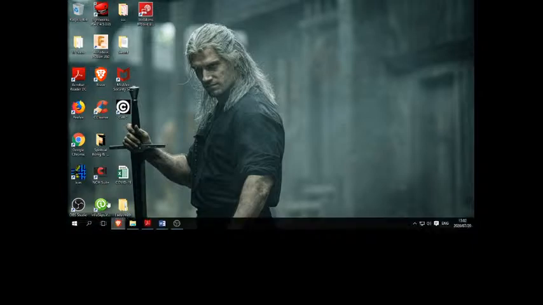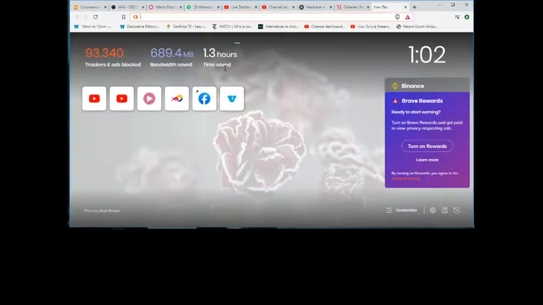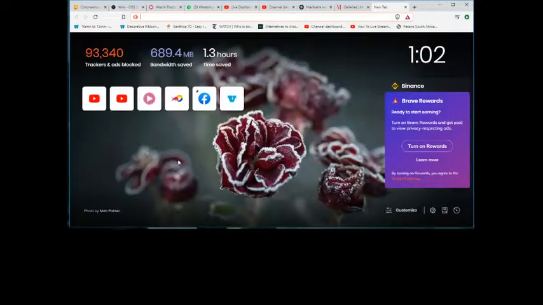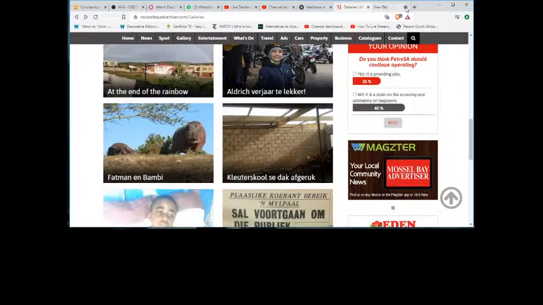It blocks all of these ads, and if I go to a new tab, it'll show me, since I've installed it, it's blocked trackers and ads, 93,341 trackers and ads. It saved me 689.4 megs of bandwidth and 1.3 hours. So if you want a browser that works, that blocks a lot of ads, use Brave. That's it. Sorry, just got sidetracked.